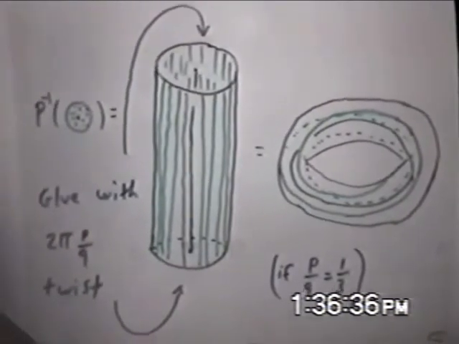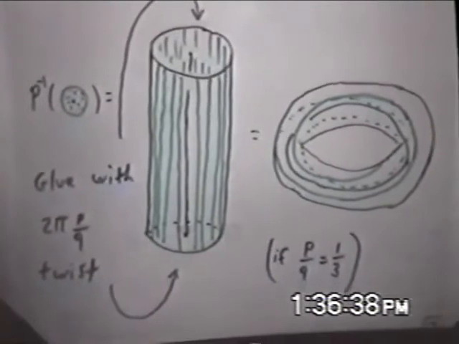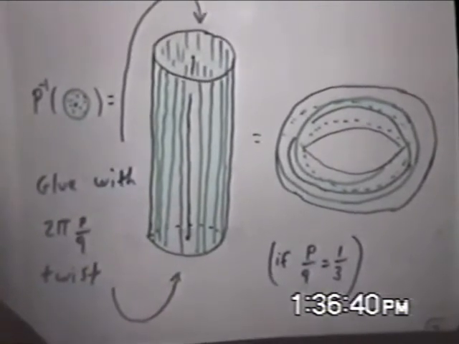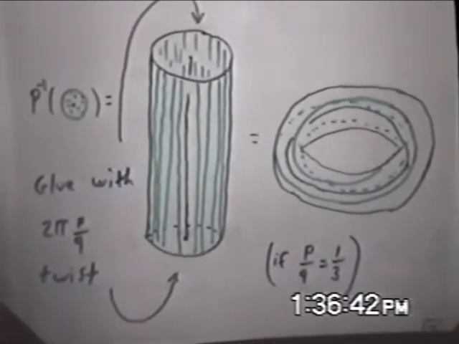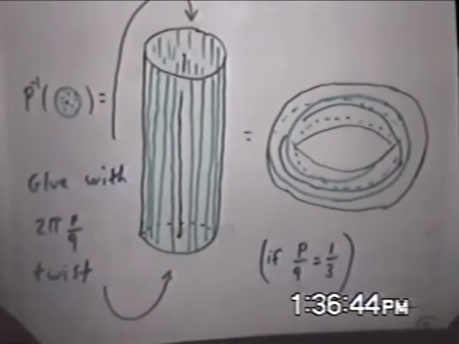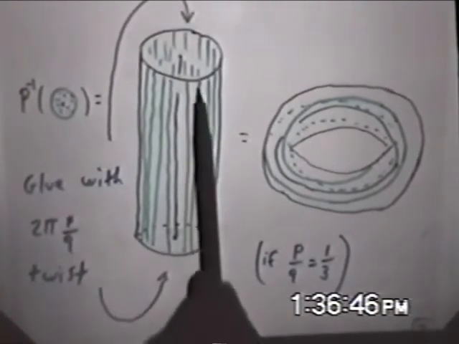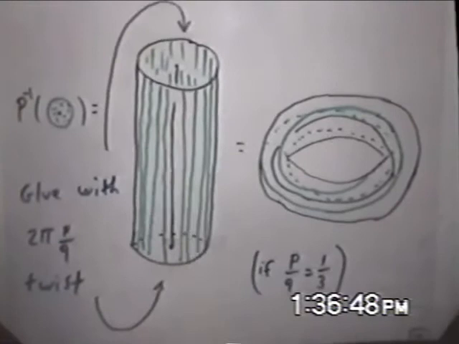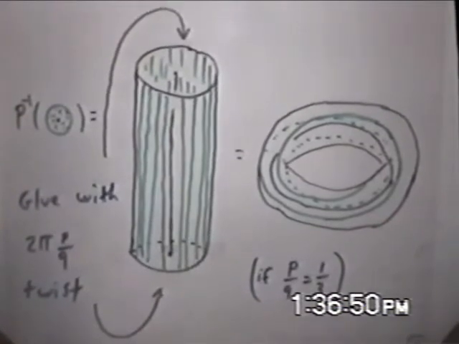So for example, here if you glue by a 1/3 twist, then whatever twist you glue, it's a nice rotation.